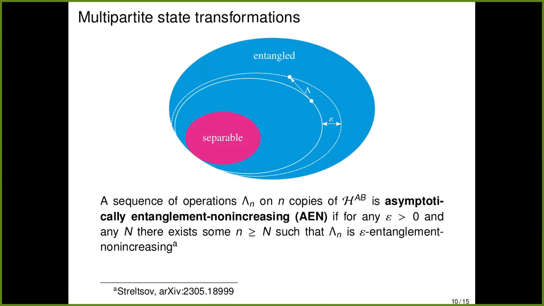So in other words, we require for the sequence that for n large enough, it increases the entanglement only by an arbitrarily small amount, because this should hold for any epsilon. For those who are familiar with the papers of Martin and Fernando, this is somewhat similar, although not exactly the same as their asymptotically non-entangling operations.